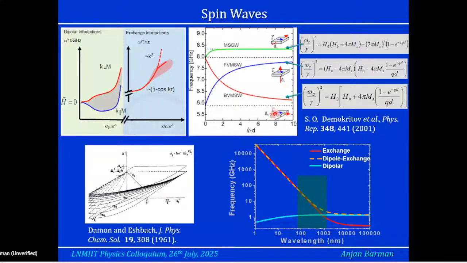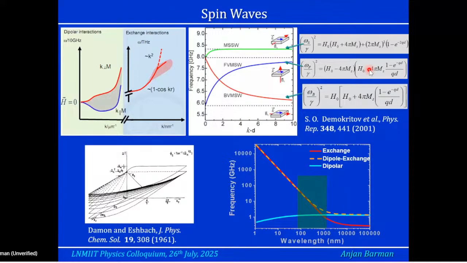Here, both are in the plane and along the same direction. And they have different dispersion relations. Because of that, you can form different kinds of spin wave propagation, and you can actually use them for different devices.